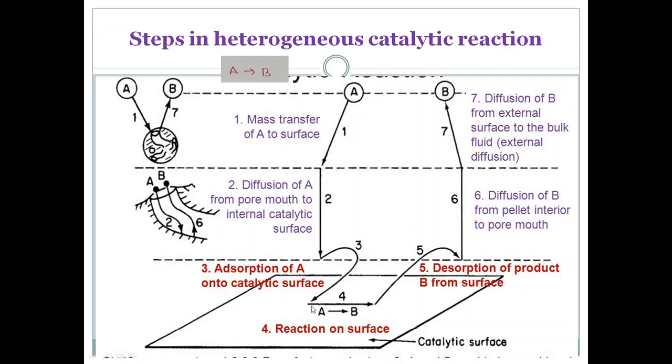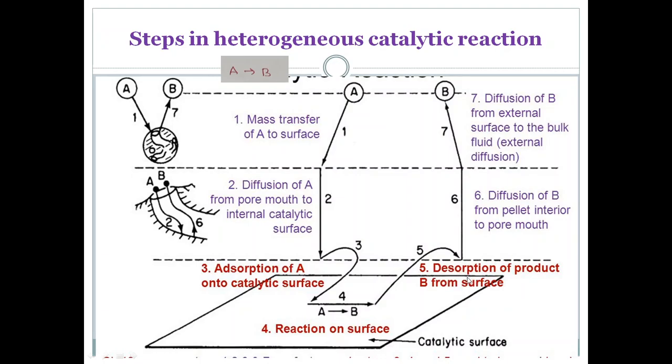Once it adsorbs, then the reaction will take place on the surface, A to B, that is the reaction. But when B is produced, it has to come out. If it does not come out, after some time no active sites will be available, so no reaction will take place at steady state. So B has to come out from this active site; first it will be desorbed.